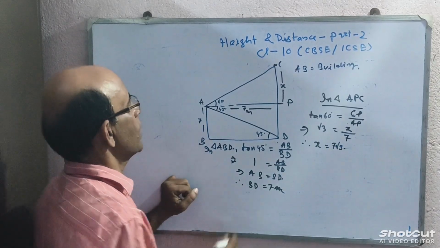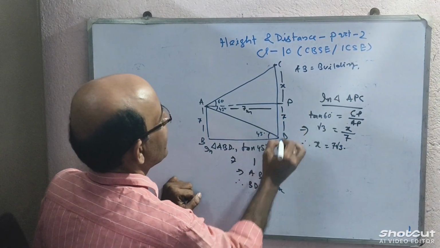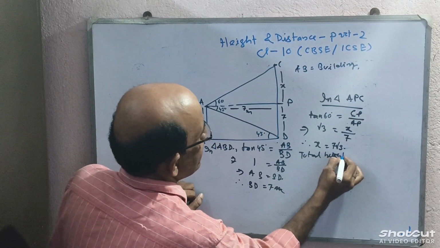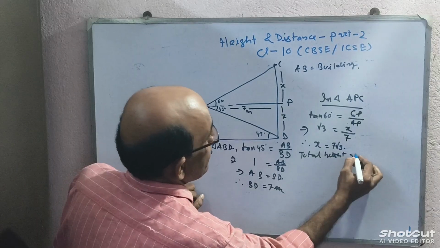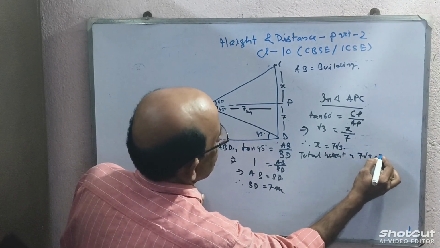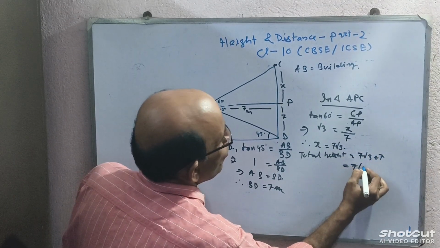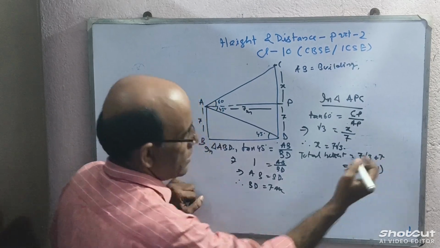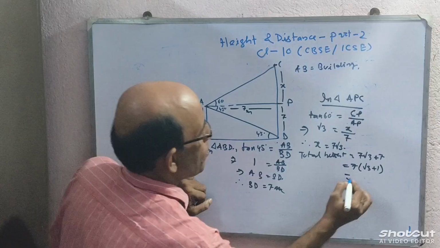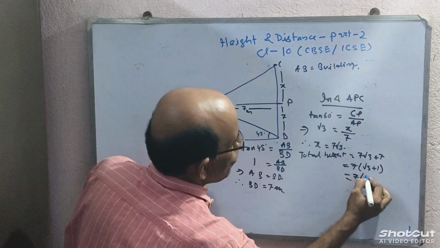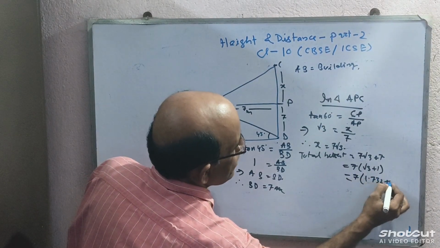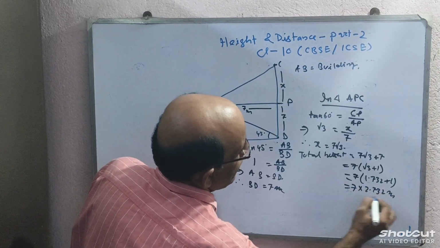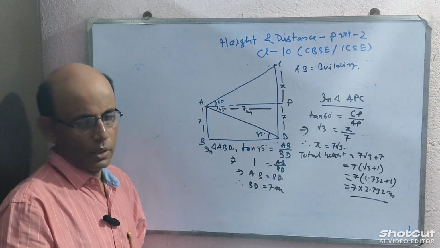Now, what is the actual height of the cable tower? Total height is equal to x, 7 root 3 plus 7, that is 7 into root 3 plus 1. This is the answer, but you may put the value of root 3 as 1.732 plus 1. Therefore, 7 into 2.732 meter. This is the final answer.